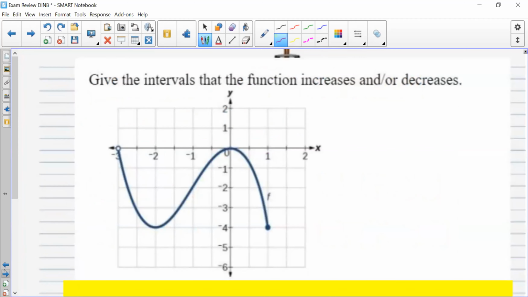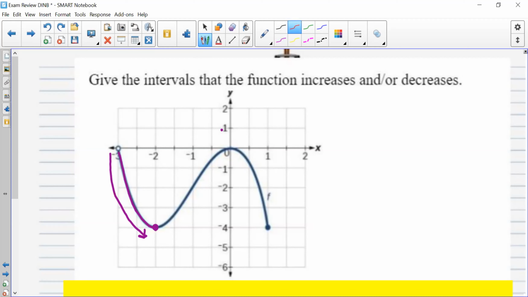Okay. This one gave us a graph, so we don't have to graph it ourselves. It says give the intervals that the function increases and or decreases. So as I'm looking at this graph going left to right, this graph is decreasing. The y's are going down for this section. At this point, we'll worry about what we're writing about that point later.